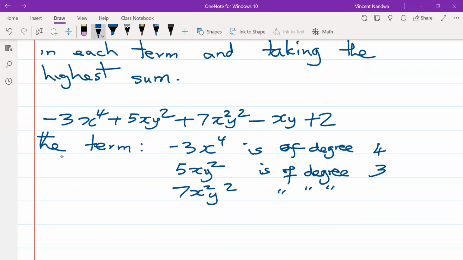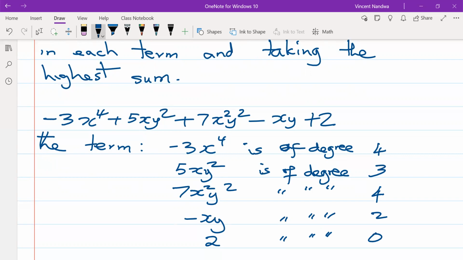It is 4, 2 plus 2. Then next we have minus xy. What is the degree? 2. Next term is 2. What is the degree? If you are to force an x or even a y there, what will be the power of that x or y? 0. So degree 0.